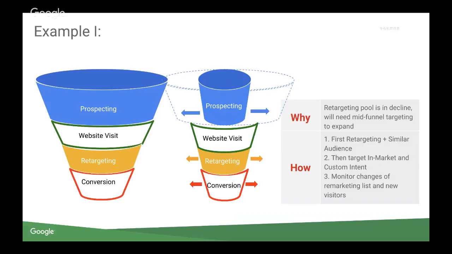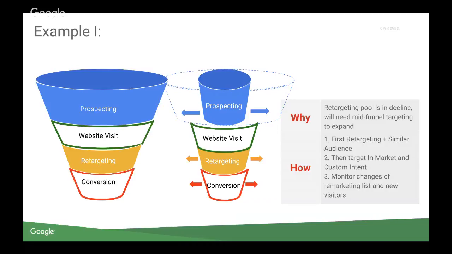Our best practice recommendation would be to always start with retargeting and similar audiences. Why similar audiences? Because similar audiences are users who are modeled based on the remarketing list, so they share the highest similarity to the retargeting users. So always start with remarketing and similar audiences.